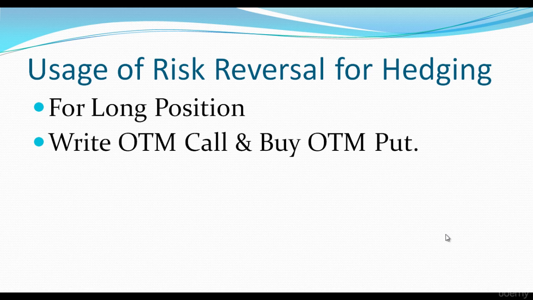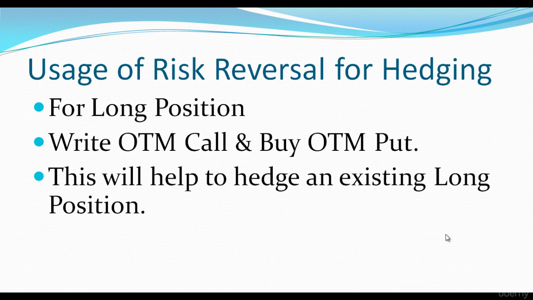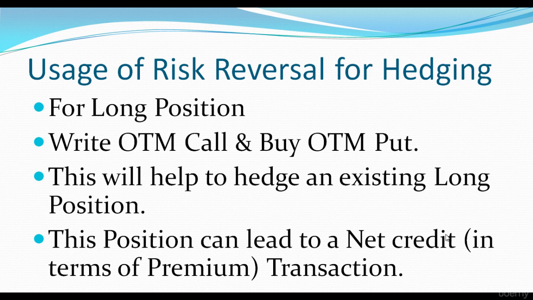So for writing you get paid, for buying you need to pay premium. This will help to hedge an existing long position. So basically it is a great thing. It removes the risk. It hedges the risk.